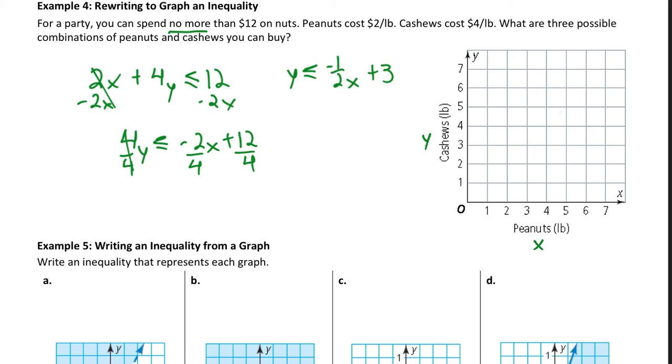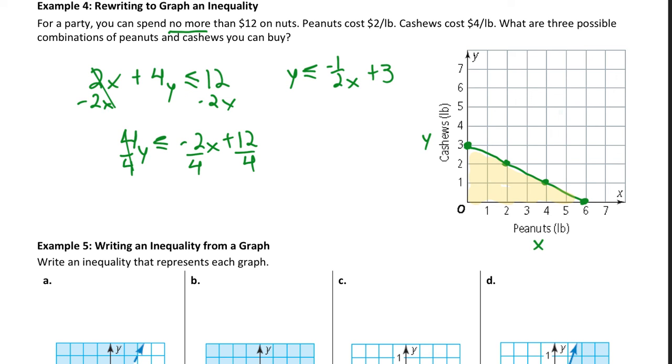So to graph this, a y-intercept of 3, a slope of negative 1/2, which means I go down 1, right 2, down 1, right 2, down 1, right 2. And this inequality is constrained to positive x and y values because positive pounds of peanuts, positive pounds of cashews. So to shade this, any point inside of this little triangle I drew and shaded would be combinations.